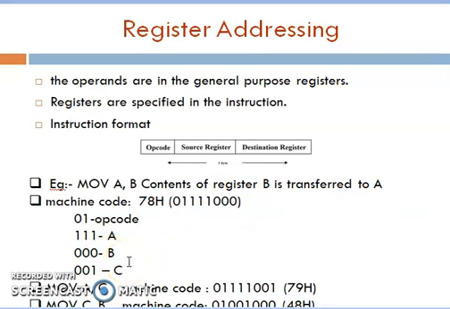And if it is register C, then it will be 001. Accordingly, MOV A, C will be 01, A is 111, C is 001. Then the opcode will be 79.